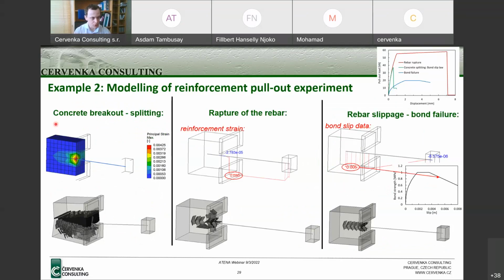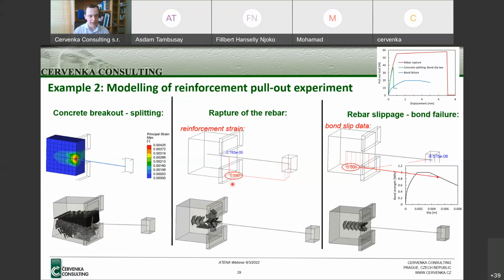For the concrete splitting failure mode or concrete cone pullout, I should see some activation of the material along the whole length of the reinforcement, accompanied by substantial cracking around, and I can nicely see how the longitudinal crack opens and the splitting.